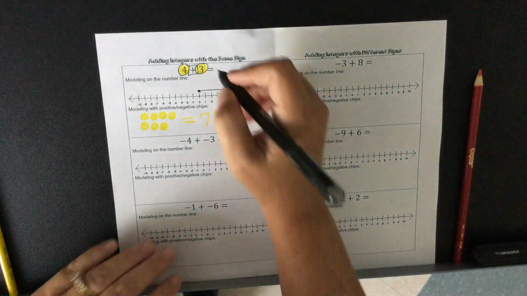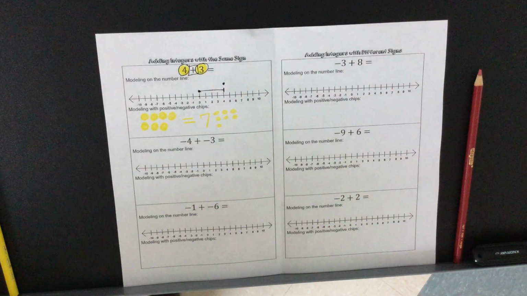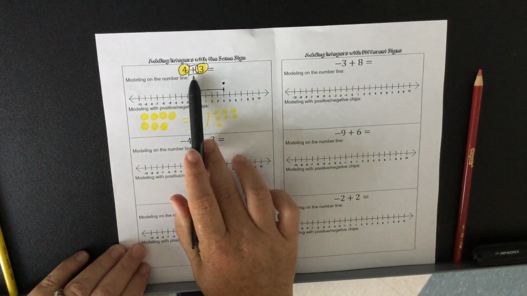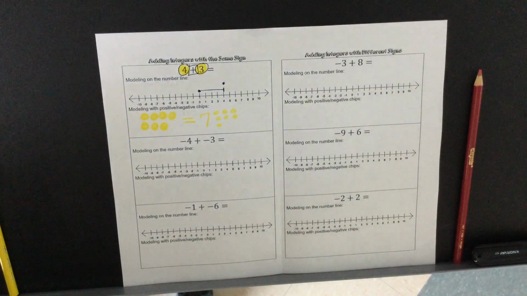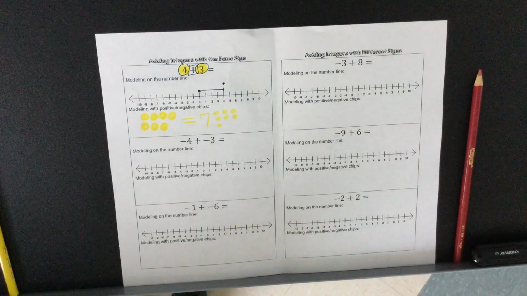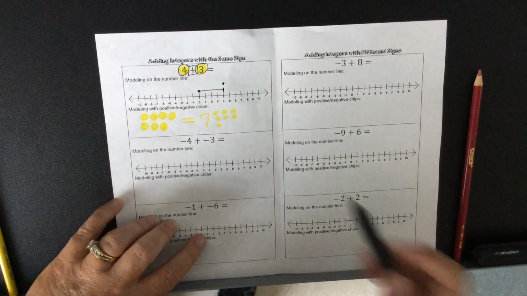All right. Now, from 4, I am going to continue which direction? Right. Because if I'm going positive, I'm going to the right. If I'm going negative, that's when I'm going to go to the left. So because this is a positive, I'm going to continue going to the right.